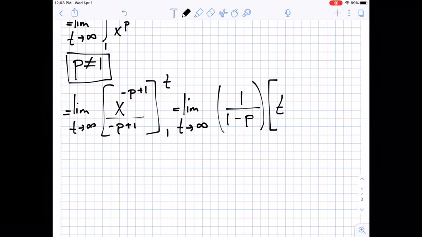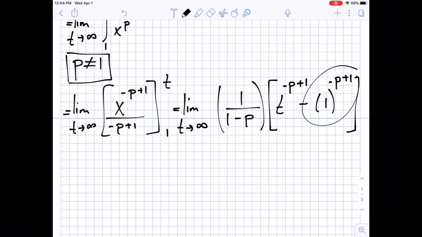So we would have here t to the negative p plus 1. And then we subtract what we get when we plug in 1 for x. That's going to be 1 to the power of negative p plus 1, except that we know if p is not equal to 1, then this is a non-zero exponent, and this term is just going to be 1.